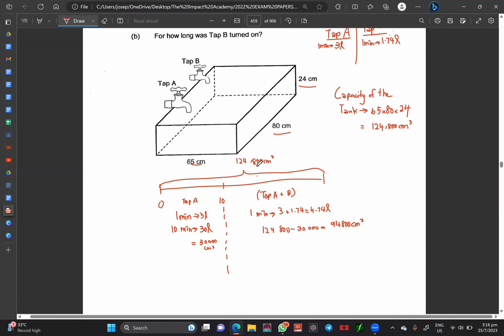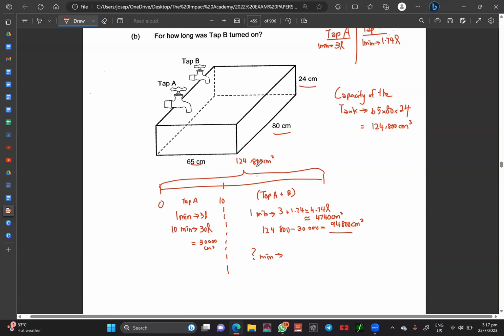So what I want to do is, of course, to change this to 4.74 times 1000, we get to 4740 centimeter cube. So if 1 minute will allow tap A and B to contribute 4740, how many minutes does it take for tap A and B to fill 94,800?